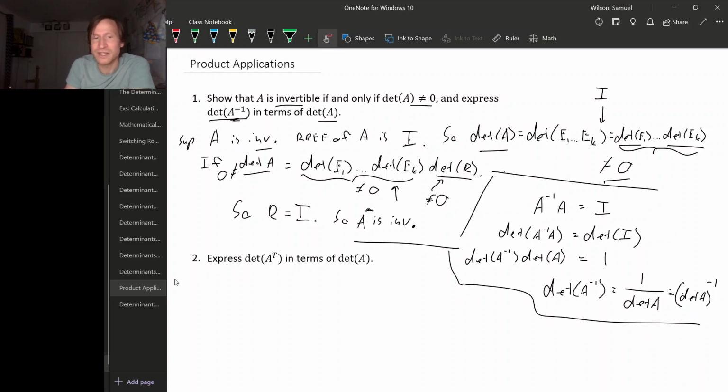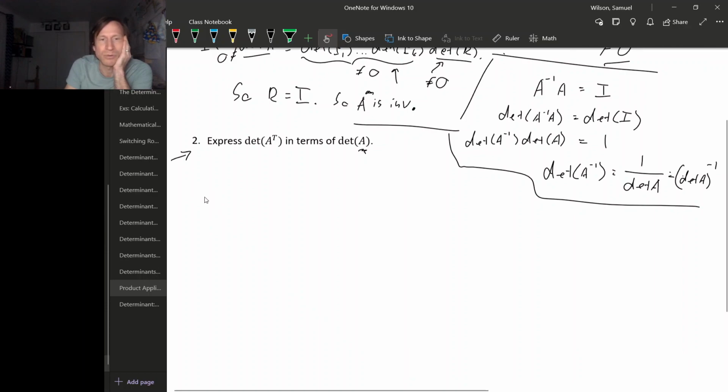For a final trick, let's find the determinant of the transpose of a matrix, right? We might expect, given everything else we've figured out about the determinant, that there's some nice way of expressing the determinant of a transpose in terms of the determinant of the original.